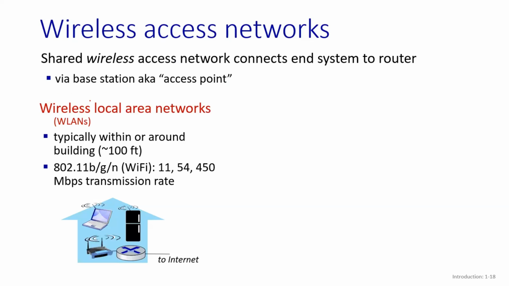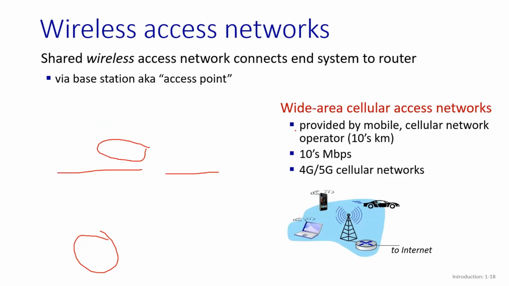So we have wireless local area networks, WLANs. They are typically used within or around a building. They have a shorter range and cover up to 100 feet. These are some standards of Wi-Fi, and these are some transmission rates. This WLAN is actually present inside your DSL modem.